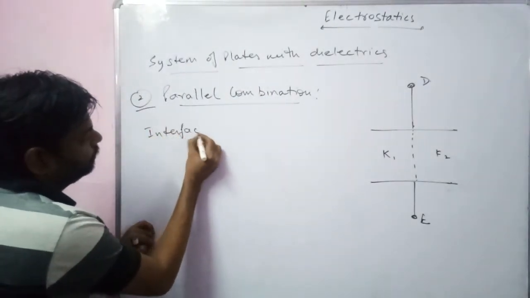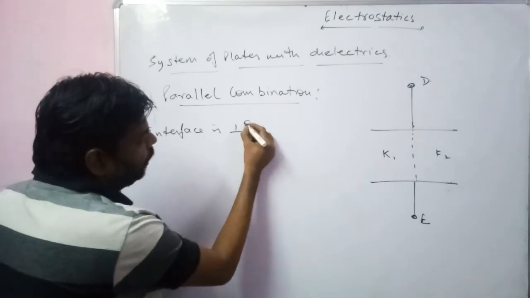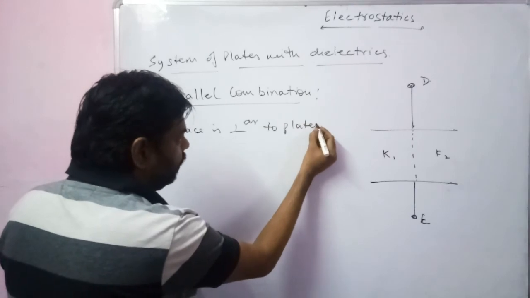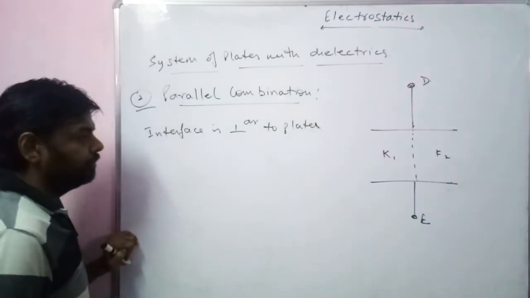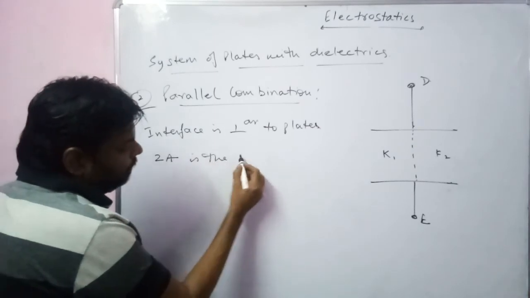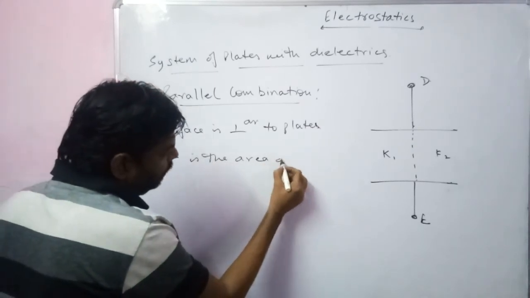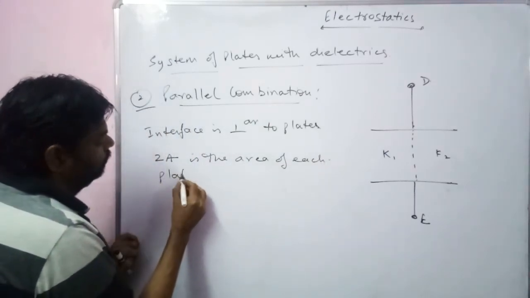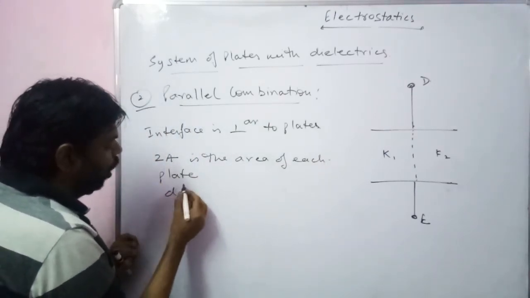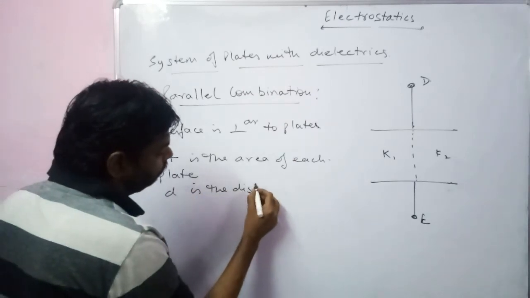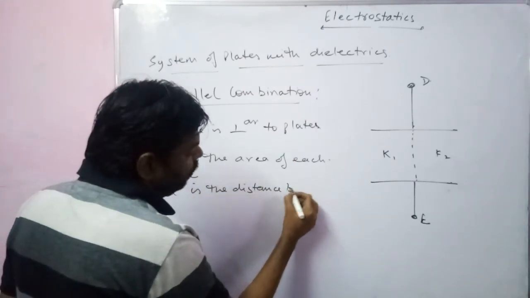Okay? Now, let us suppose that 2A is the area of each plate and small d is the distance between the plates.